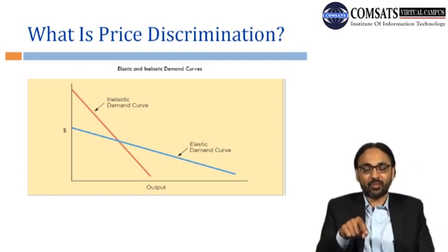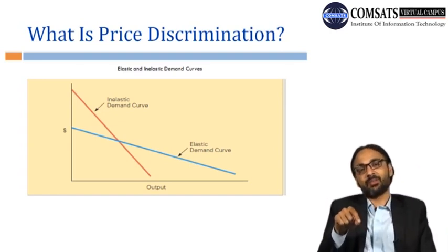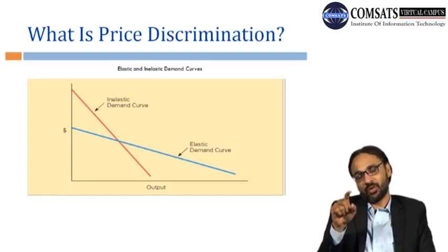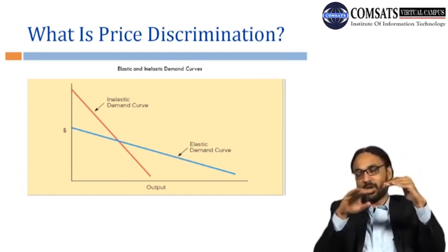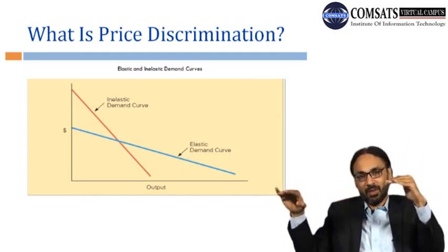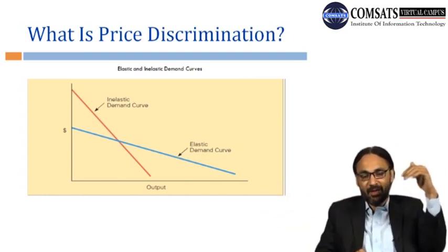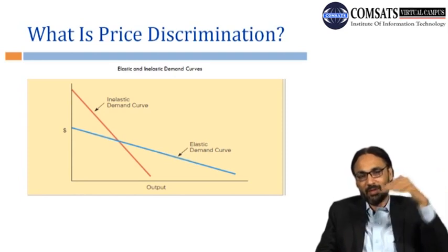We can consider output as demand, because companies set their level of output according to the demand for the products. As the price goes down, the demand for the product goes up, like we can see in the blue line.